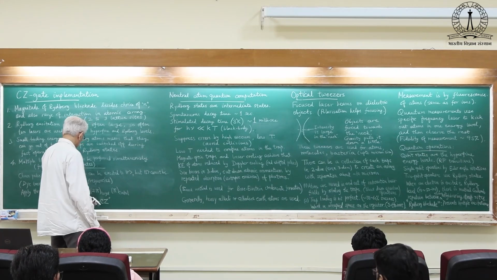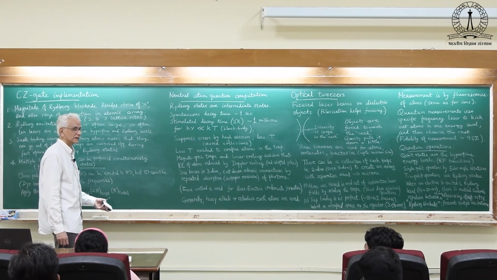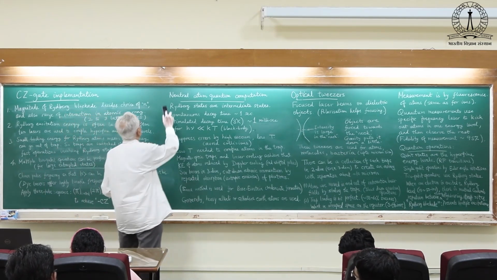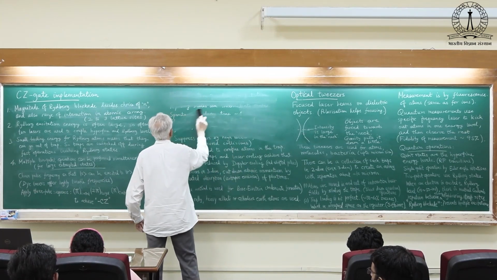So now you have to see this, you have to again make the 4-state table and work out the algebra.